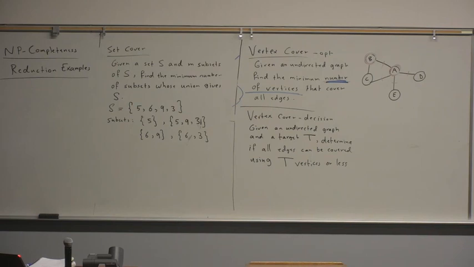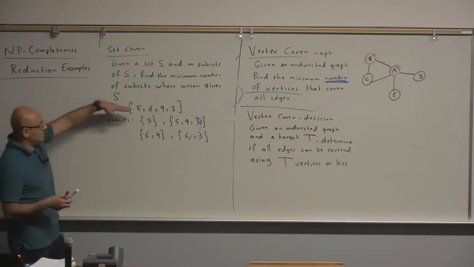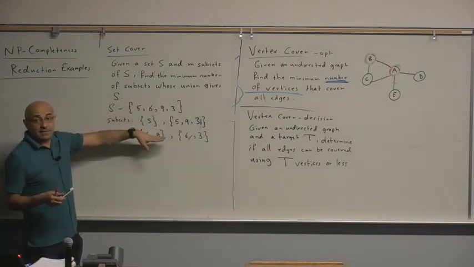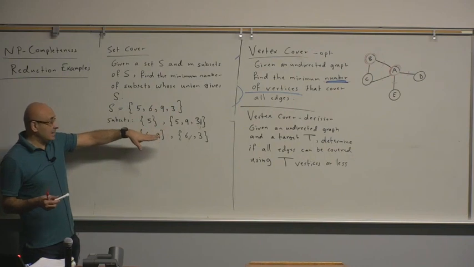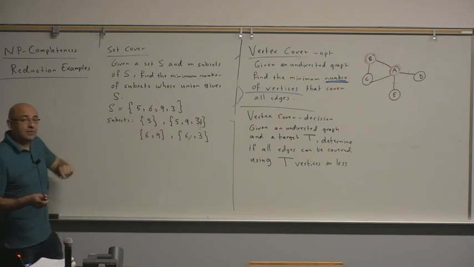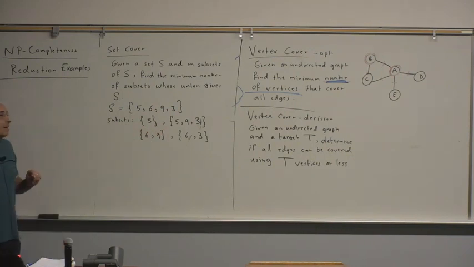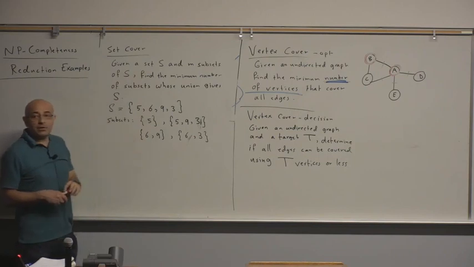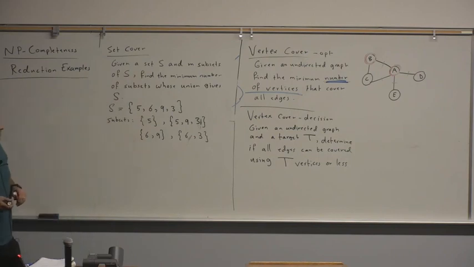So we need to find a minimum number of subsets. We're given a set and 4 subsets, and we need to find the minimum number of subsets that cover the original set. So which subsets can we use in this example?